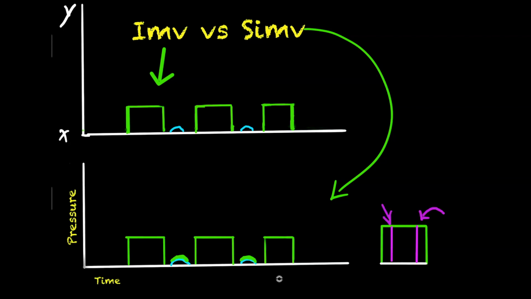SIMV is really awesome because it provides pressure support, and it is smart enough to know when a patient takes a big breath, it's not going to force in that mandatory volume during the patient's effort. The mandatory volume will still be delivered, but it's going to come either at the beginning or the end of the patient's effort. So it's not going to cause them to cough or buck, which is why I love that.